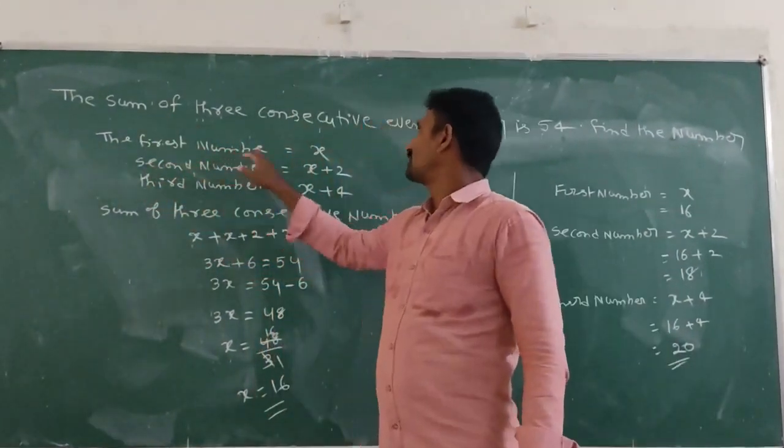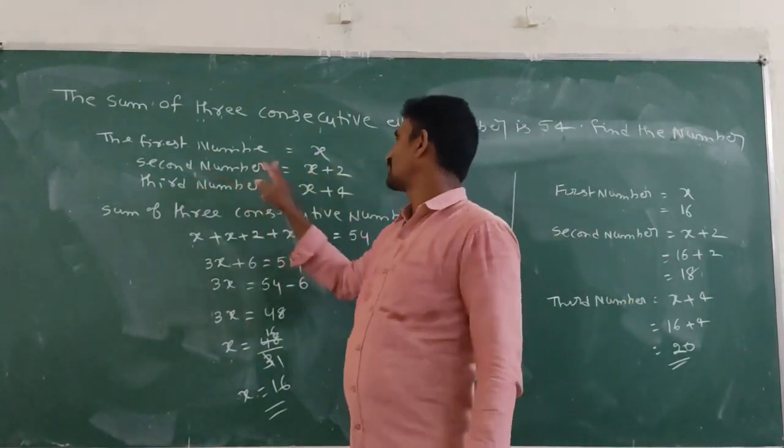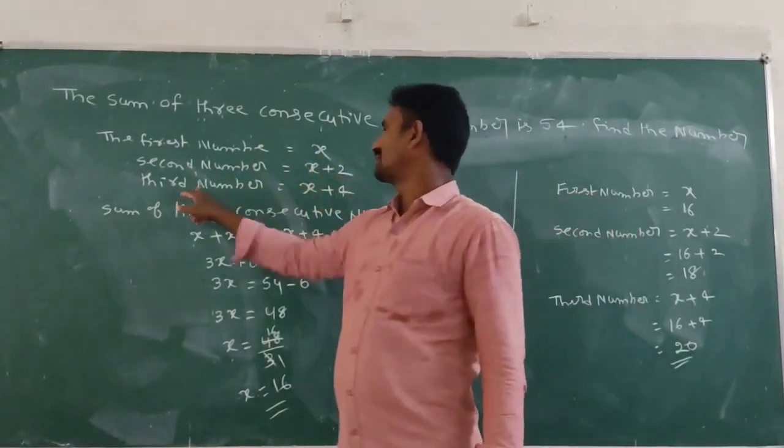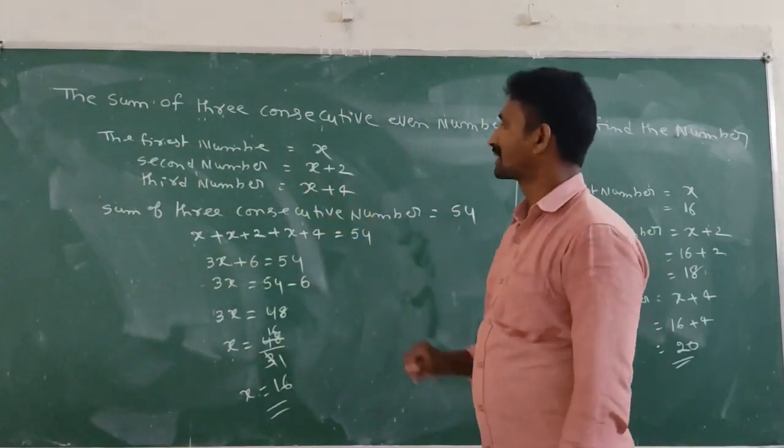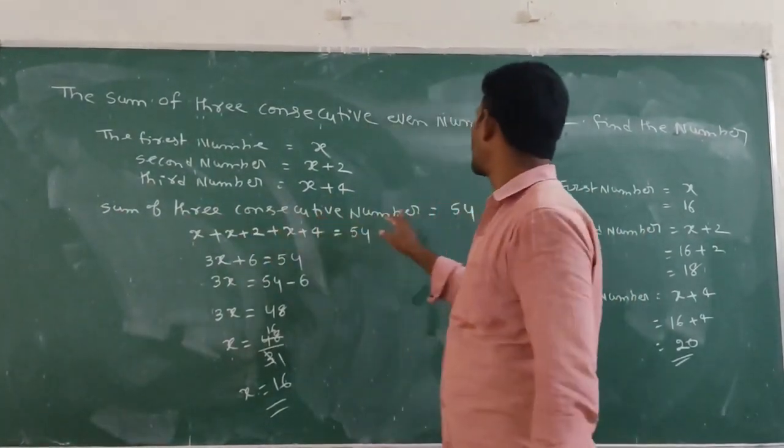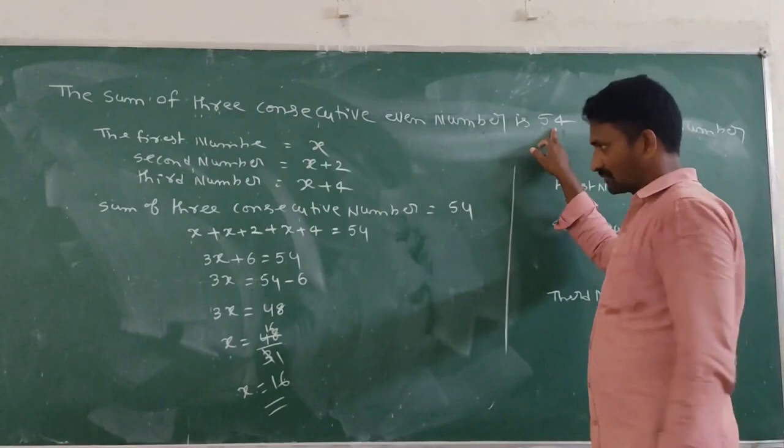The first number is x, the second number is x plus 2, the third number is x plus 4. The sum of three consecutive numbers is 54.